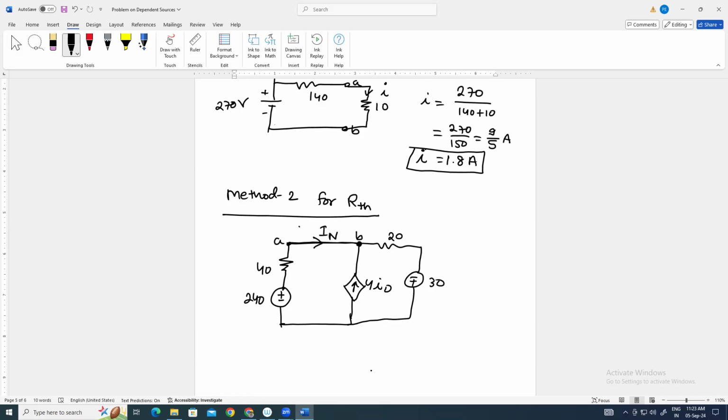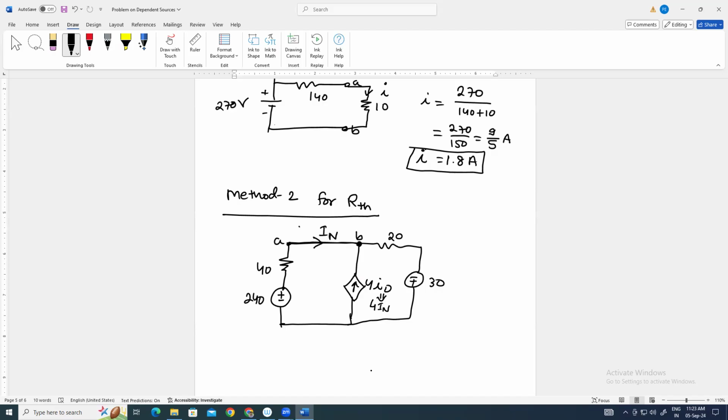So if the current flowing through this branch is IN, this I0 will also become IN. So it will become 4IN. Is it clear to all of you here how this current will change? Because it is a dependent current source. It is depending on the current I0.